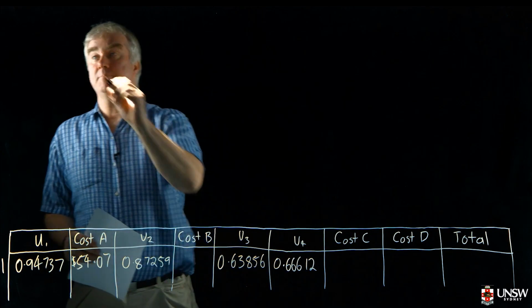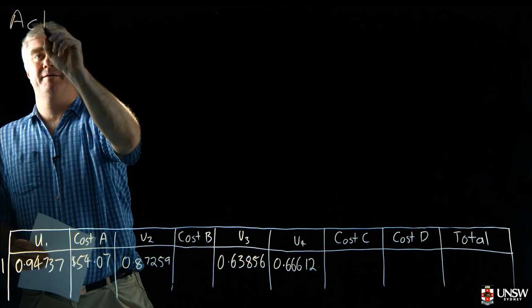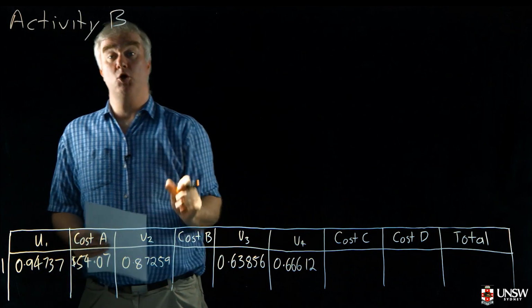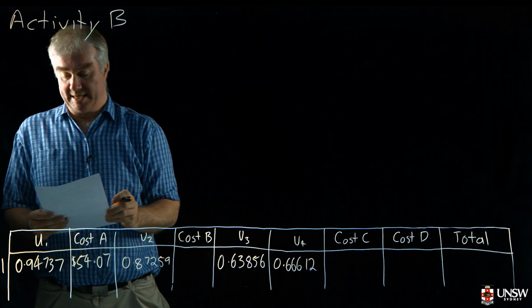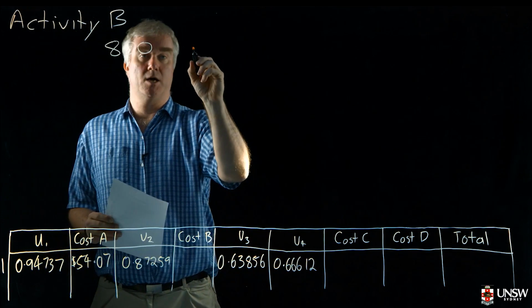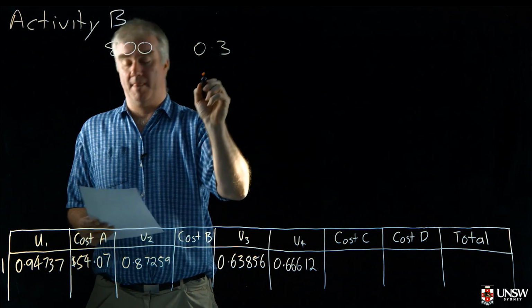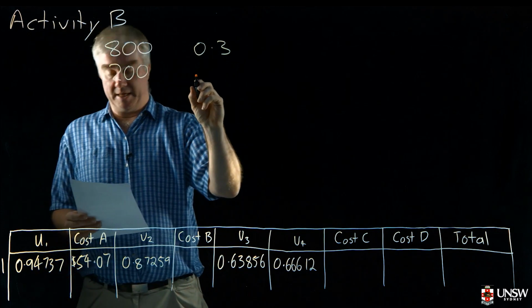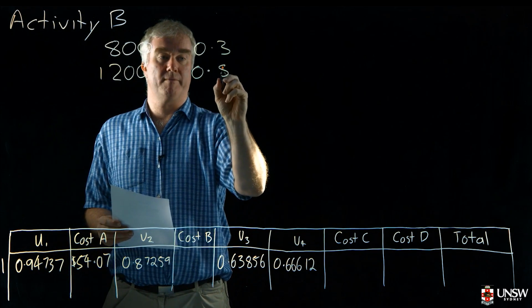Now, for activity B, we were given a lookup table. And so what it said was, for $800, the probability was 0.3. For $1,200, the probability was 0.5.